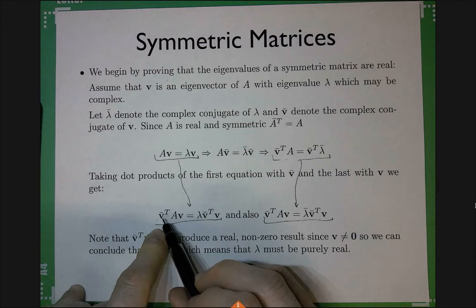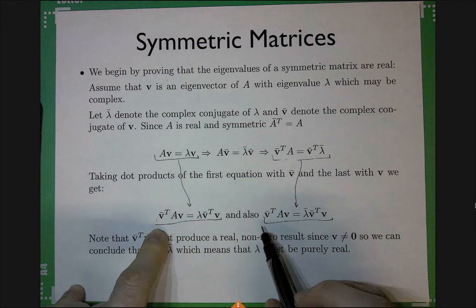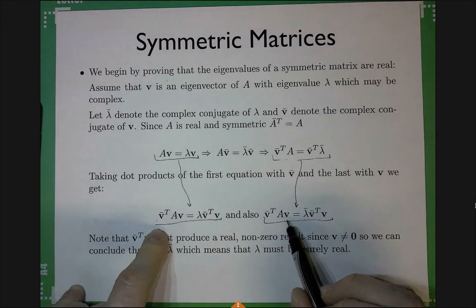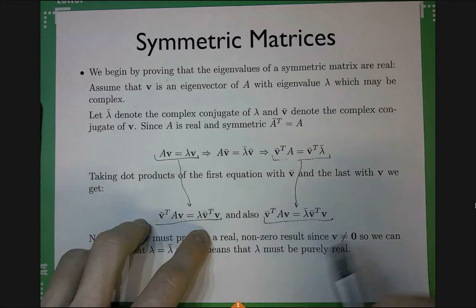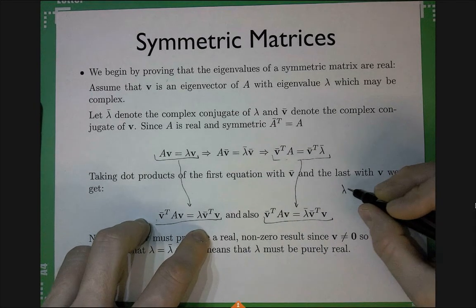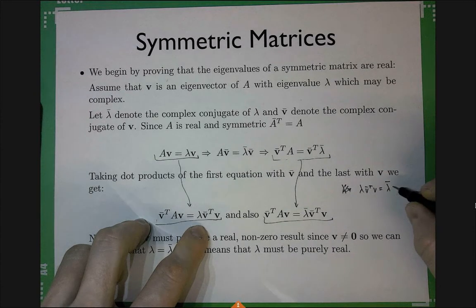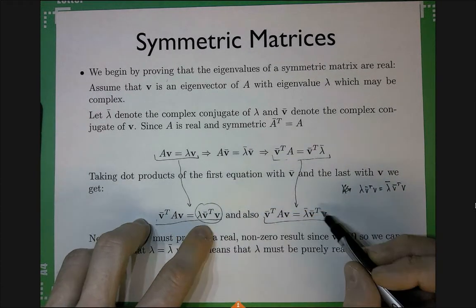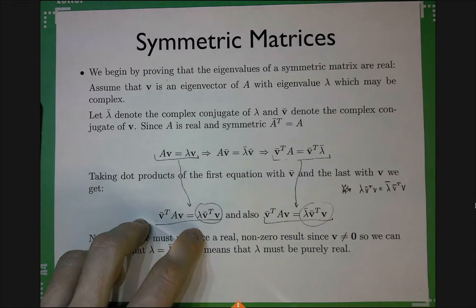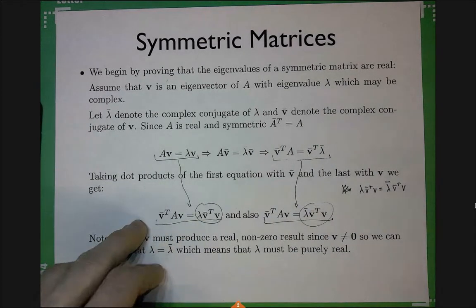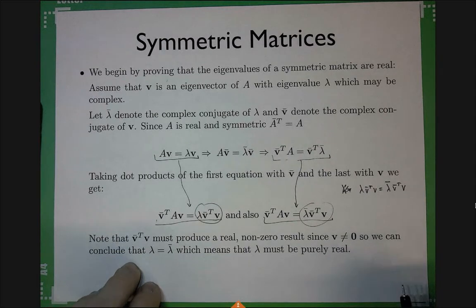It's v conjugate transpose A v here, and v conjugate transpose A v here as well. So that means that these two things have to be equal. So lambda v conjugate transpose v is the same thing as lambda conjugate v conjugate transpose v. This right-hand side equals this right-hand side, because the left-hand sides are equal, so the right-hand sides have to be as well, of course.